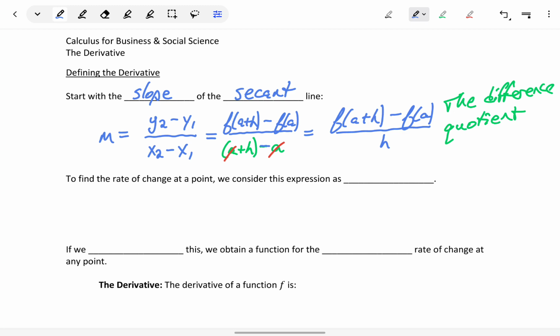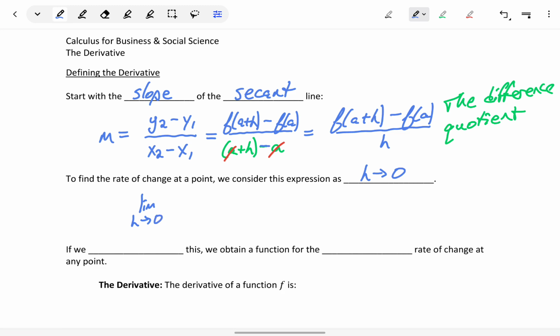Now to find the rate of change at a point, so the instantaneous rate of change of a function at a point, we consider this expression as h approaches 0, which is again exactly what we did with that interactive graph. We took that value for h and brought it closer and closer to 0 to form that tangent line.